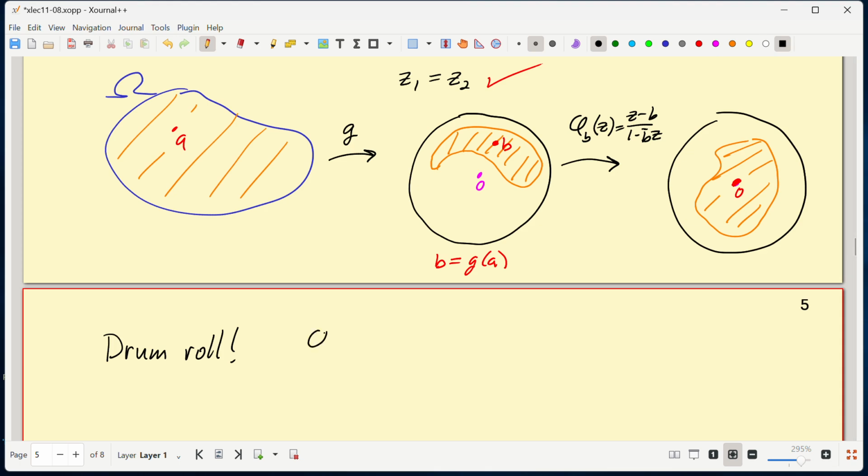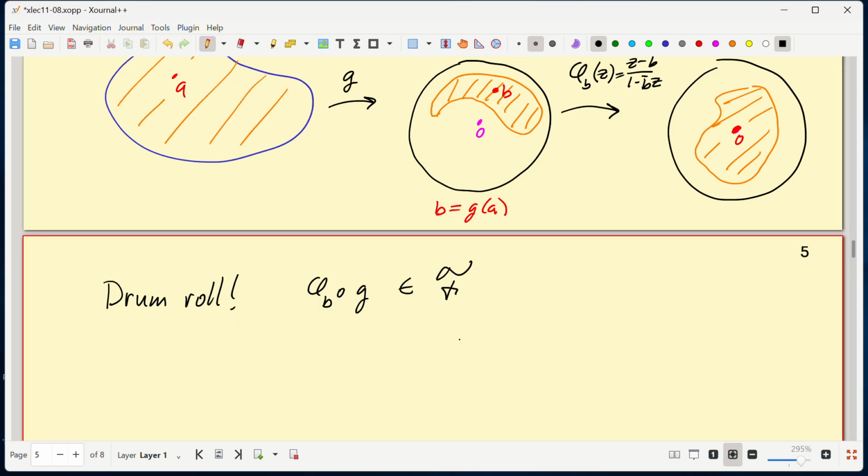Okay, so phi sub B composed with G is in F, and its derivative is too big. Phi B composed with G prime at A is bigger than M. And of course that's a contradiction because M was the max.